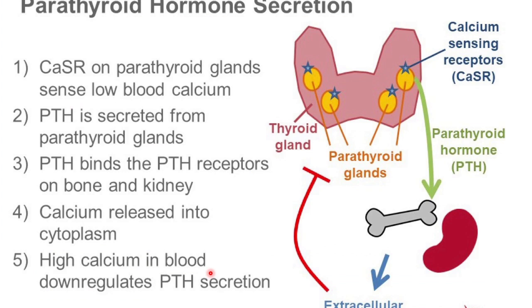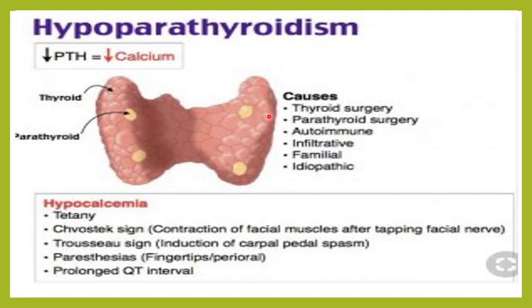So whenever there is a defect in parathormone secretion, the calcium level can be low. Suppose there is a thyroid surgery; you know that the parathyroid glands are in close association with the thyroid. If there is a thyroid surgery, a parathyroid surgery, an autoimmune destruction of the thyroid or parathyroid, a cancer infiltrating the thyroid or parathyroid, or some familial syndromes, these can all destroy the parathyroid.